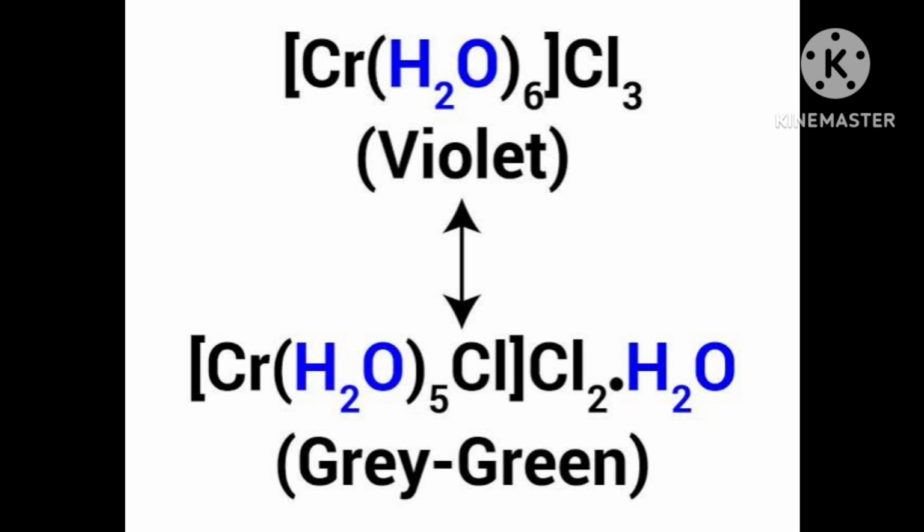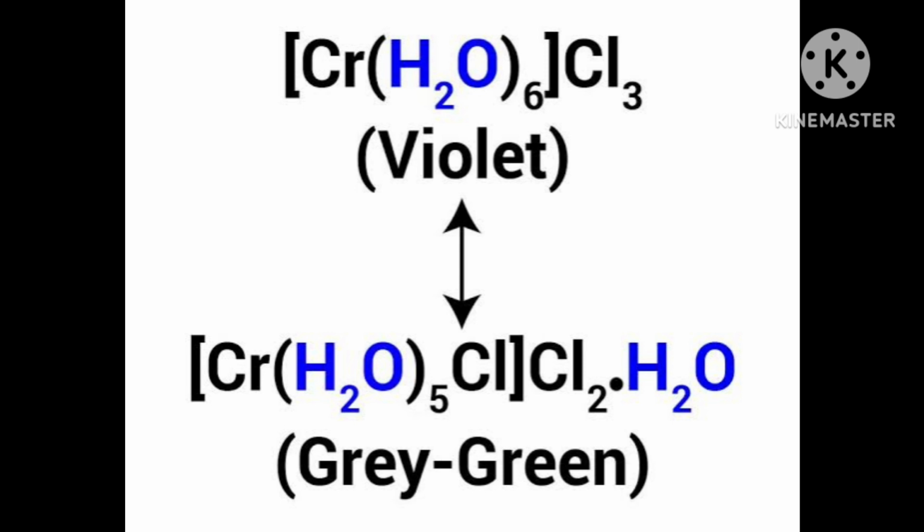Again I am telling you, this is similar to ionization isomerism. Solvate isomers differ by whether or not a solvent molecule is directly bonded to the metal ion or merely present as free solvent molecules in the crystal lattice.